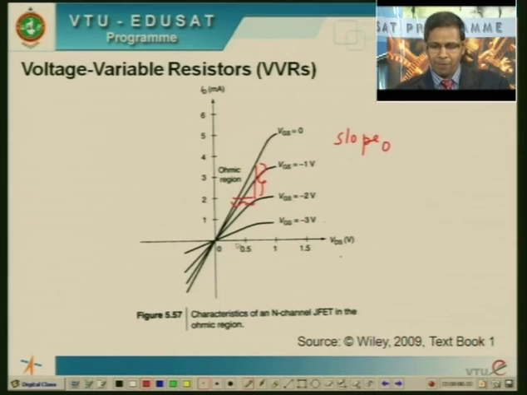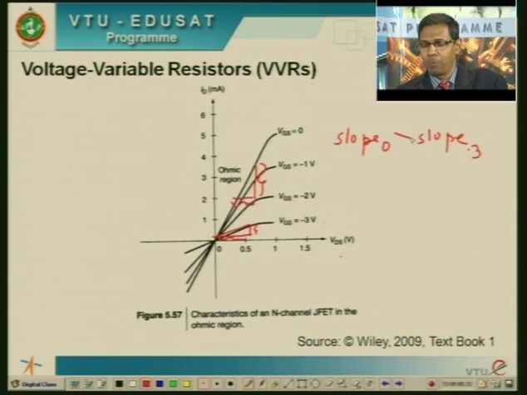Next I take the slope for the last one, which is again delta ID divided by delta VDS. This I will call the slope at VGS equal to -3. As you can see here, the slope for -3 volt is lesser as compared to the slope at VGS equal to 0.